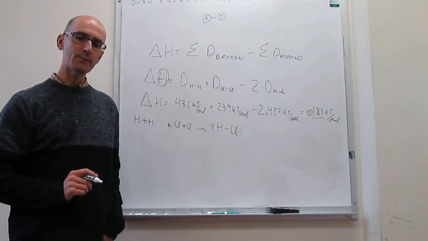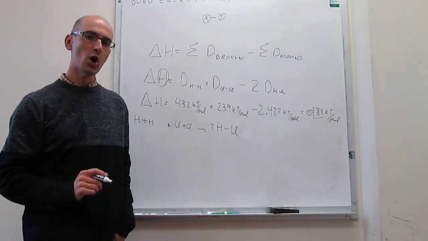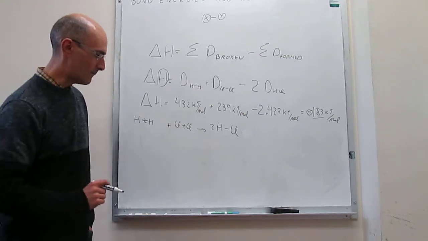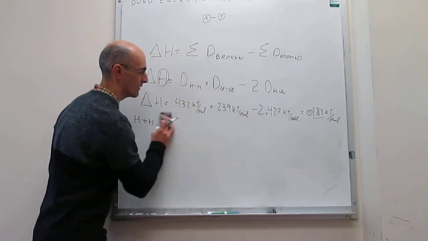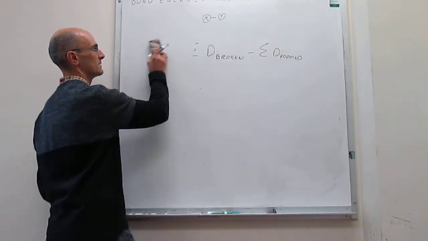The second thing that happens is that many of the bond energies in those tables correspond to average bond energies. We can illustrate those average bond energies by looking at various O-H bonds.